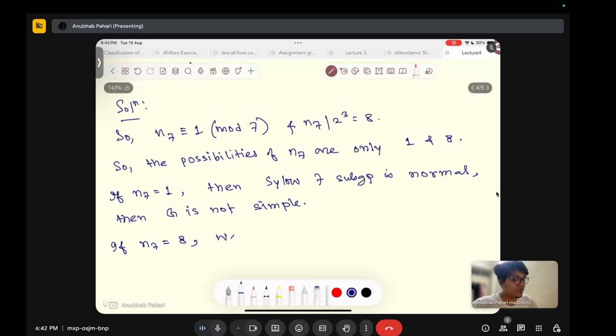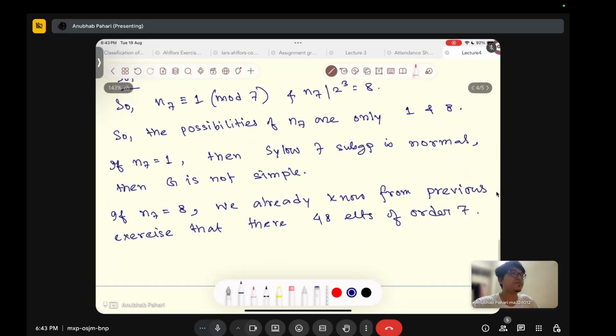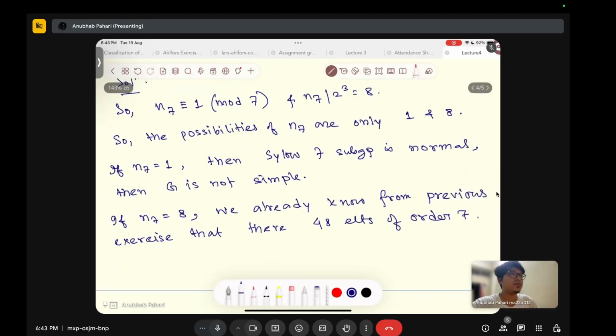We already know from the previous exercise that there are 48 elements of order 7, right?